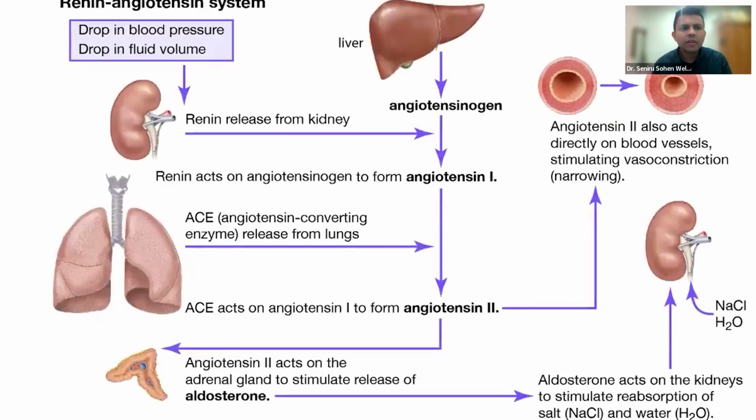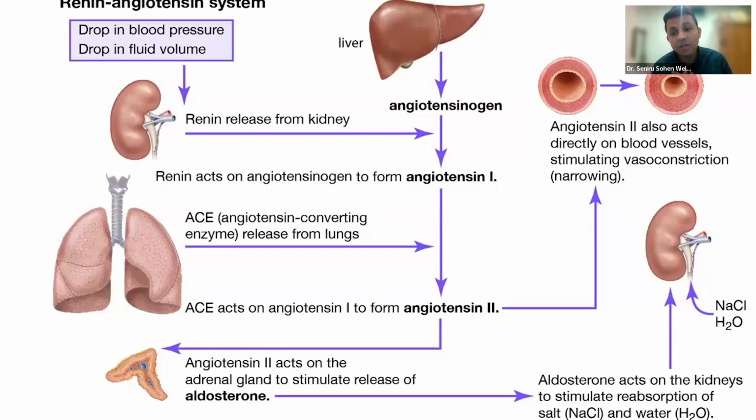So renin is the main starting point here. In the renin-angiotensin system, renin is released from the kidneys when there's a drop in blood pressure. This is sensed by the intrarenal baroreceptors as well as the baroreceptors. The drop in fluid volume or reduced sodium level will be sensed at the macula densa level, and that will stimulate your renin secretion, and also increase sympathetic activity when you have stressors.